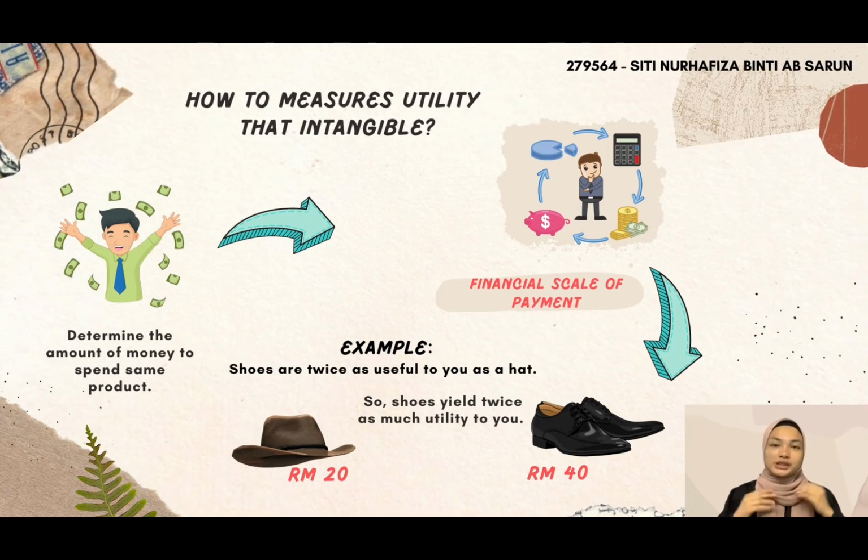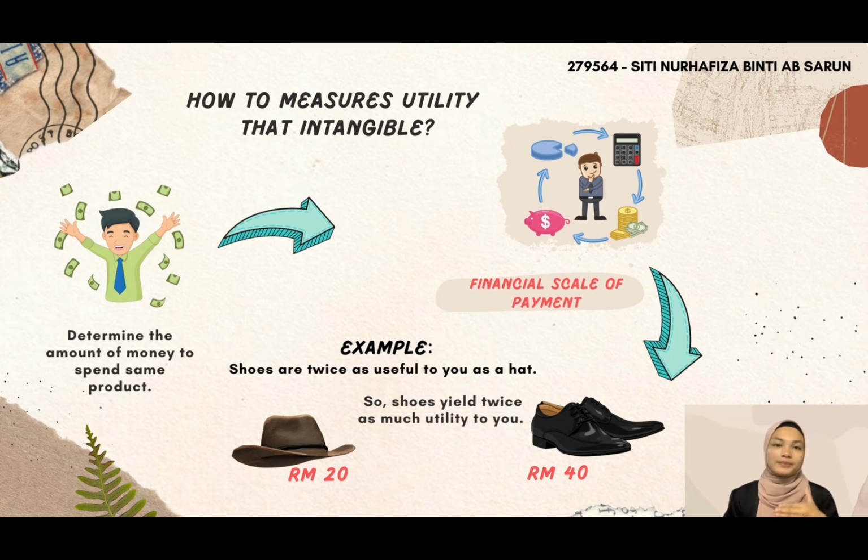The earlier marginalists said that the strength of a person's preferences determines the amount of money the person is willing to spend to acquire some product. Marshall, however, turned the relationship around so as to measure preferences according to a financial scale of payments.